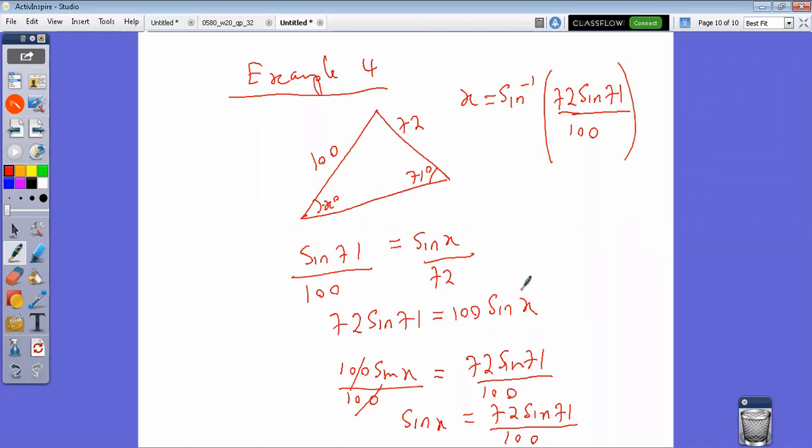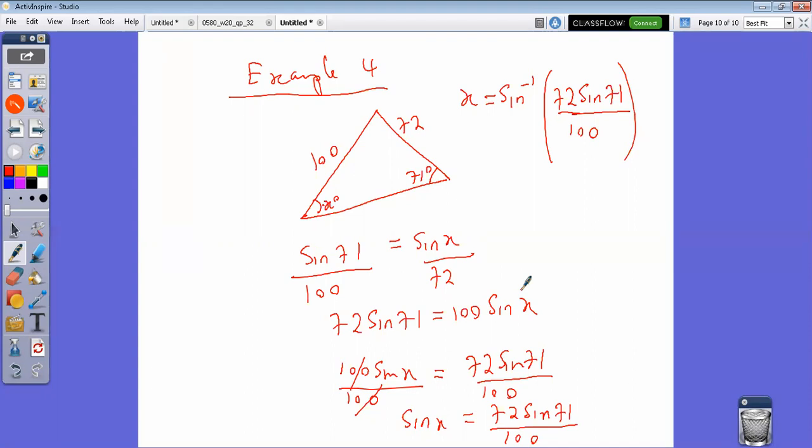Let's try to sort it out. Even with a Sharp, you can do that because you can use brackets. You say second function arc sine and then bracket 72 sine 71 divided by 100. I hope it works. Let me see if it's correct. Don't trust my old Sharp calculator. 72 sine 71 divided by 100, then second function sine.